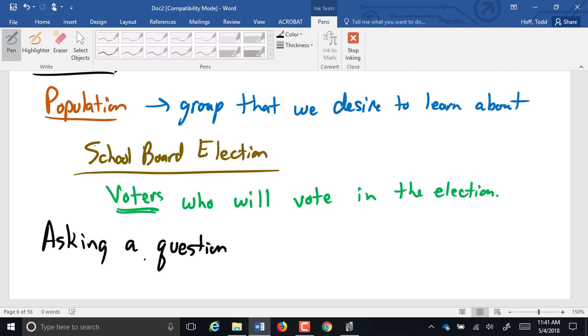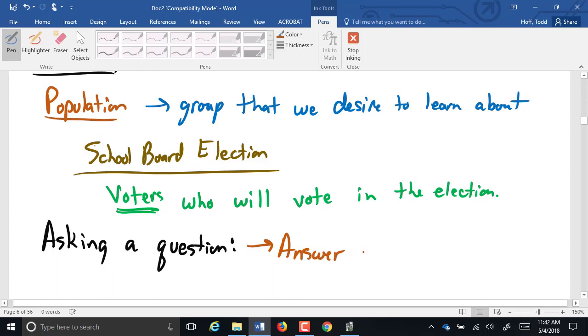Well, the question we're really asking is who are you going to vote for in that election? So the answer to that question is our random variable. We'll talk a little bit more about that random variable later on.